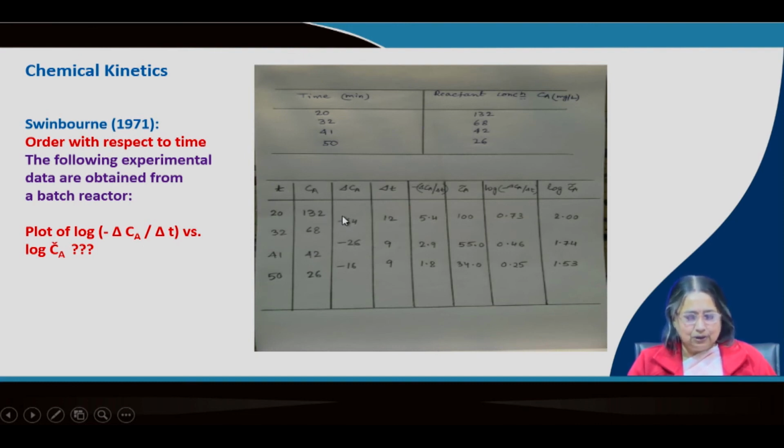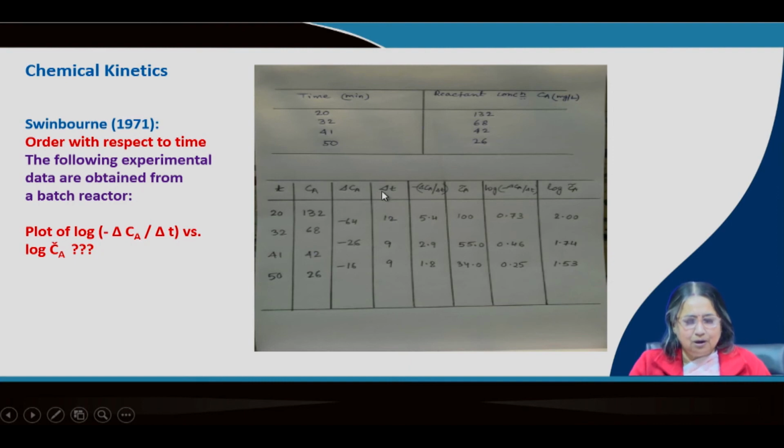So, what will delta Ca be? Not the midpoint, it is the difference of this one, this one, and this one. Then delta T is the difference of this one, this one, and this one. That is why it is written in the middle.